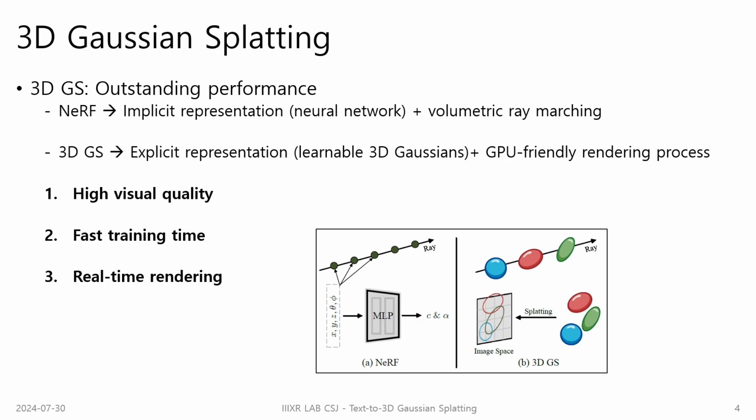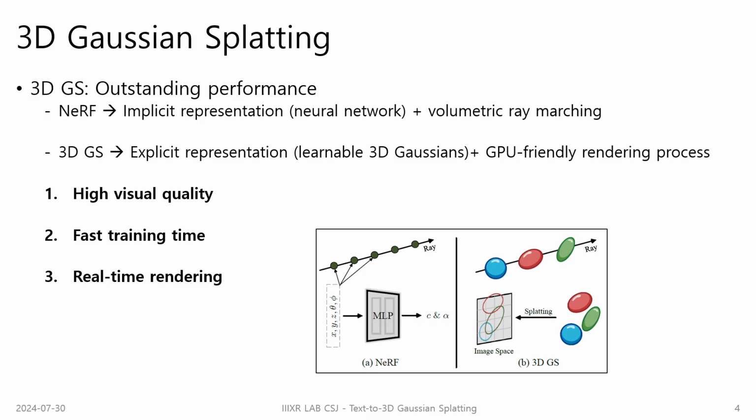In contrast, 3D Gaussian splatting introduces a new paradigm by utilizing learnable 3D Gaussians as an efficient 3D representation. These Gaussians are optimized under the supervision of multi-view images to accurately represent the scene.